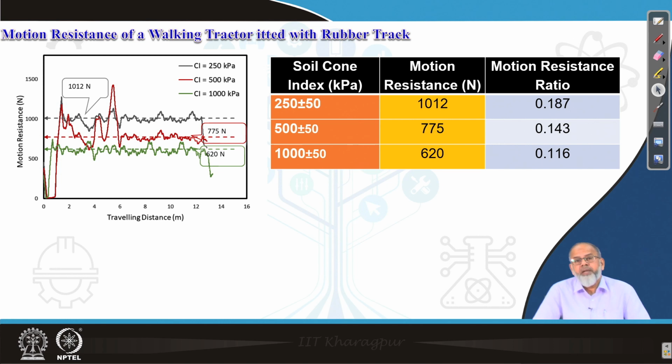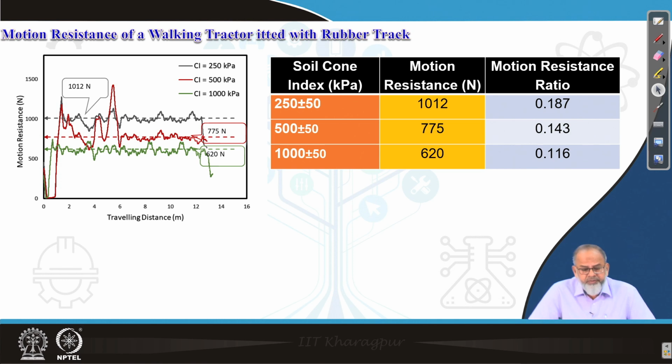Soft soil gives maximum motion resistance as compared to hard soil. The same is the case for motion resistance ratio. It is maximum in case of soft soil and minimum in case of hard soil. Why is it so? It is basically due to sinkage of the track in the soil.